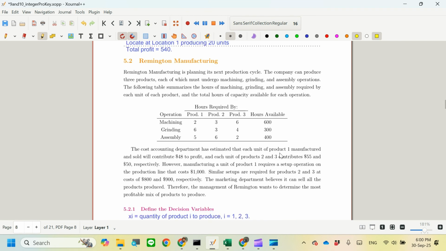And we are given unit profit of product 1, 2, and 3. And also we have a setup cost of product 1 of 1,000, and product 2 and 3 is 800 and 900. Okay, let me highlight. So 48, 55, 50, 1,000, 800, and 900.